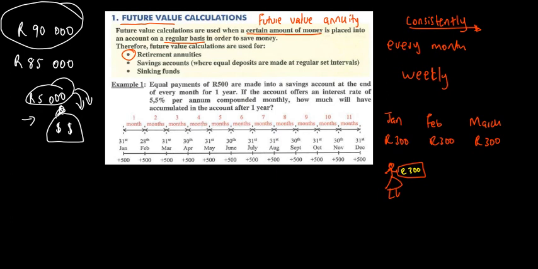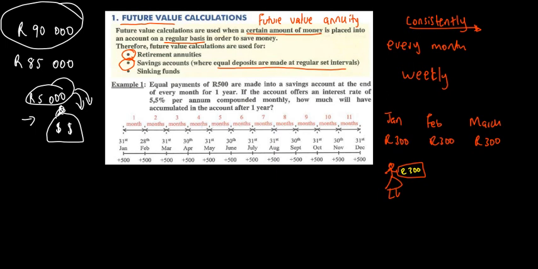Savings account, we also do it for a savings account, whereby equal deposits are made at regular set intervals. A savings account could be that sometimes when I have 5,000 I'm saving 5,000, when I have 100 I'm saving 100. But the savings account we're going to be talking about is whereby you are making equal deposits every month, maybe every week.